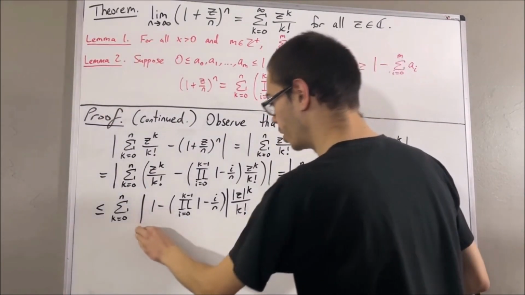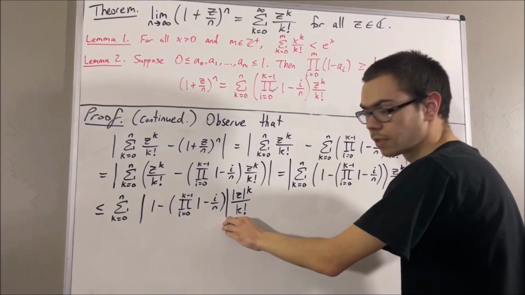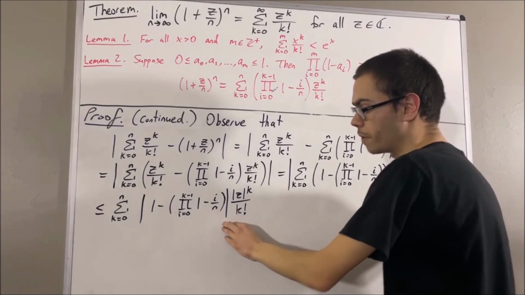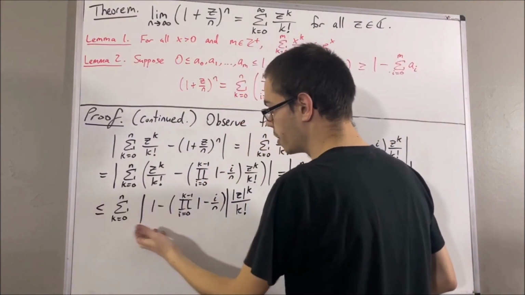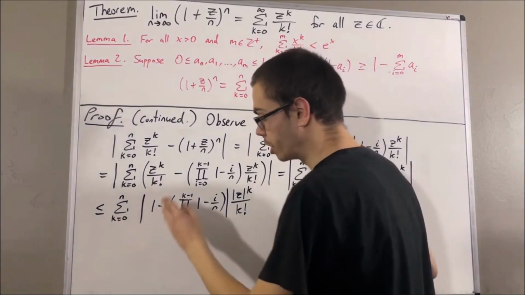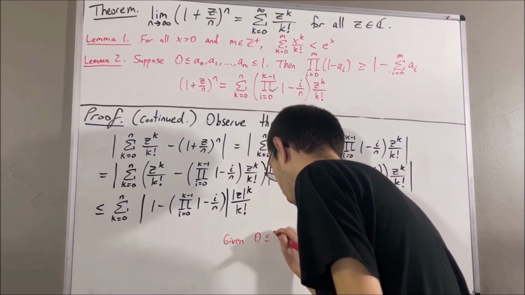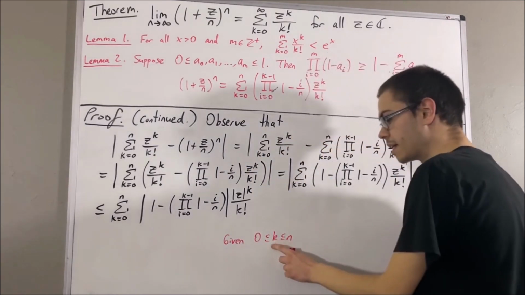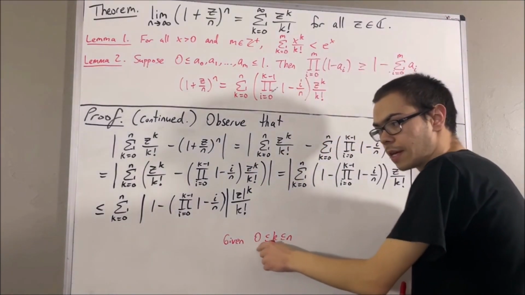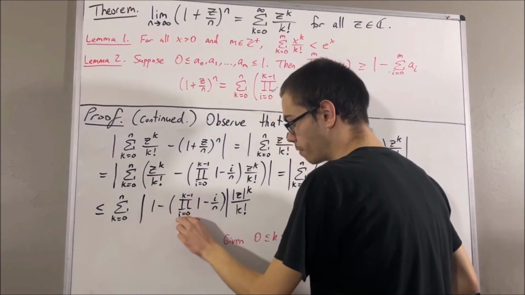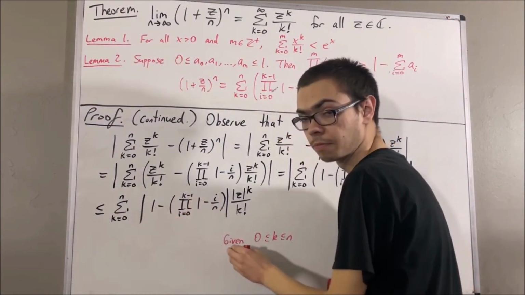Now the claim is we can remove these absolute values. To show that, let's consider an arbitrary term of this sum, that is, an arbitrary integer k between 0 and n. First of all, if k is equal to 0, then here we have the product from i equals 0 to minus 1.